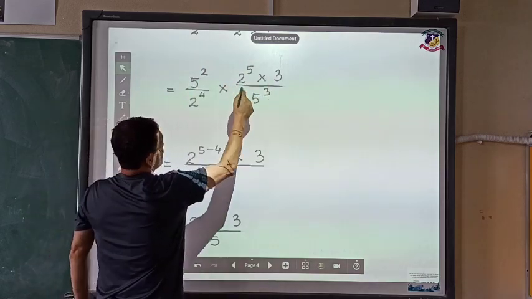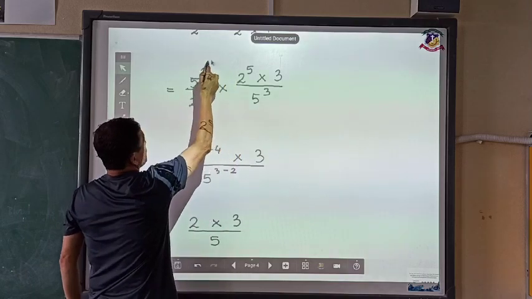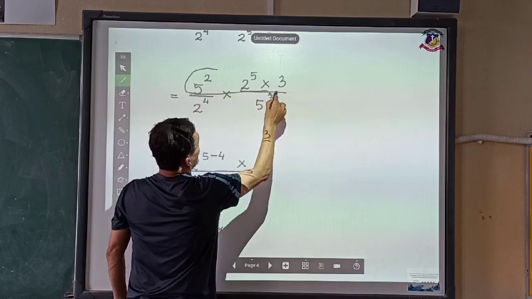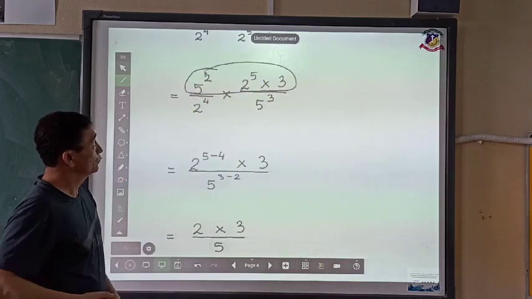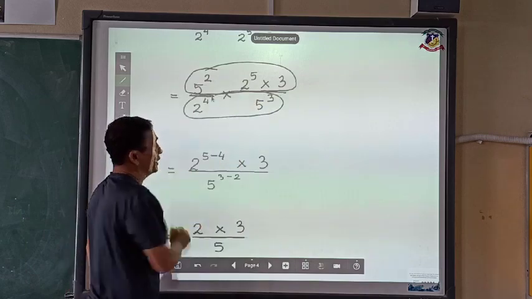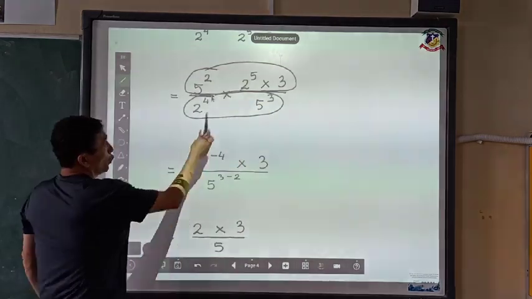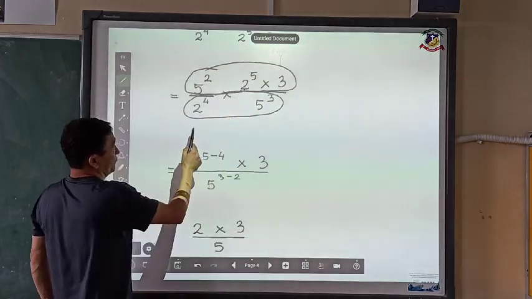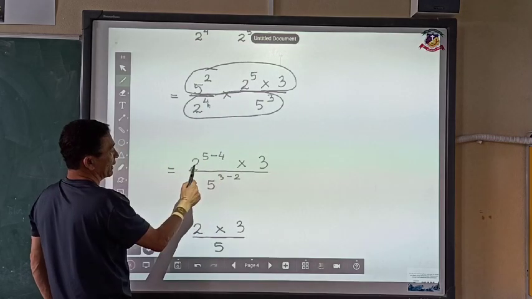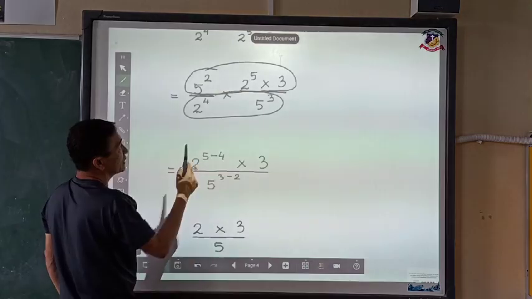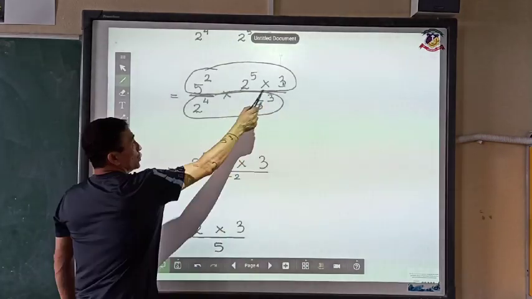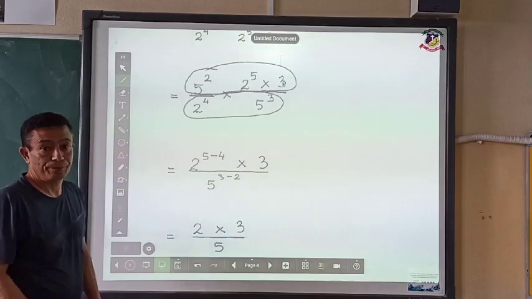These are the numerators that I have, and these are the denominators that I have. So 2 to the power of 5 divided by 2 to the power of 4 gives us 2 to the power of 5 minus 4. Multiplied by 3, which doesn't have a partner, so I leave it as 3.